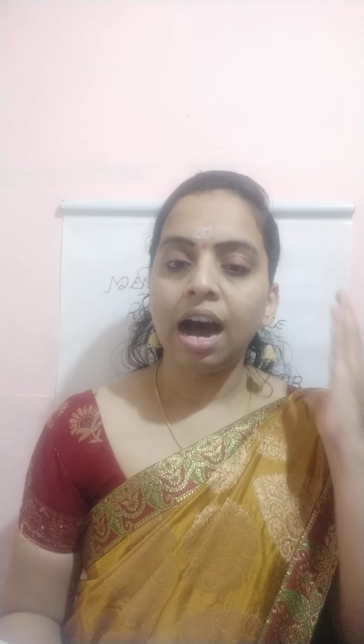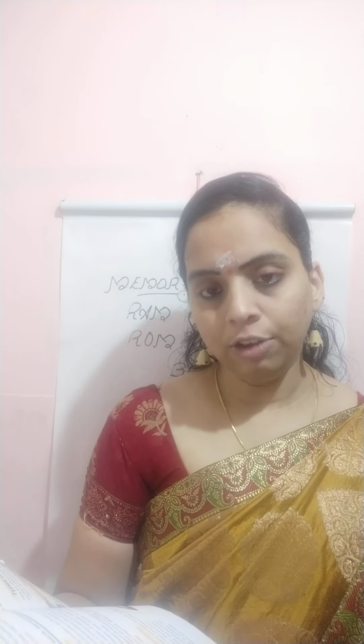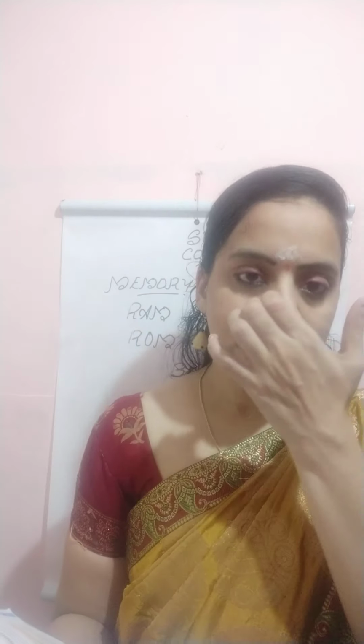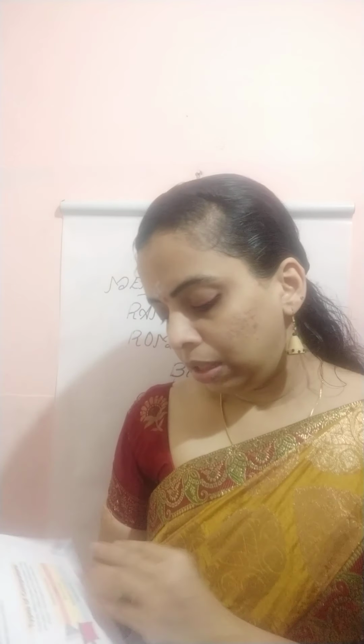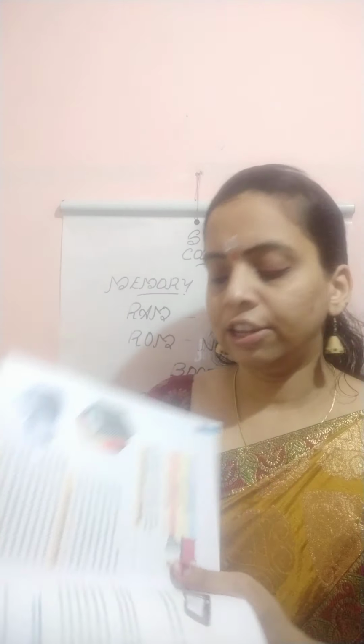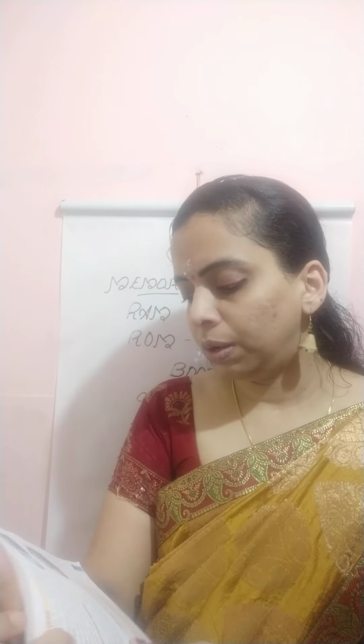The hard disk is a secondary storage device. It has a high storage capacity. It can store a large amount of data and information. Hard disk is in the shape shown in your textbook. Clear? Actually this is a box, the outer covering of the hard disk. Inside this, a spindle will be there.